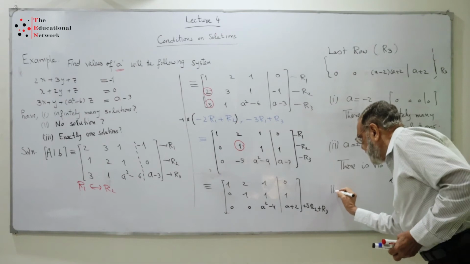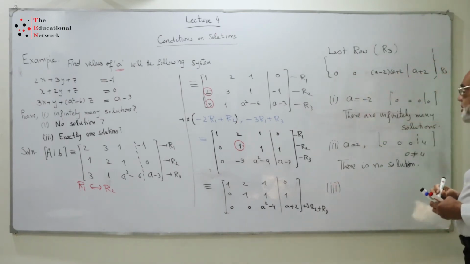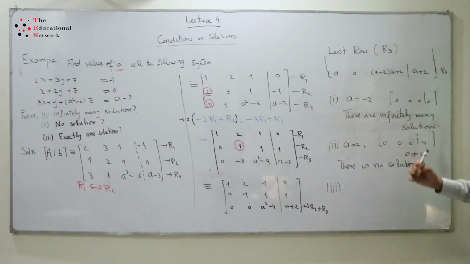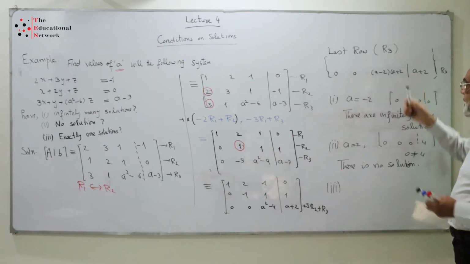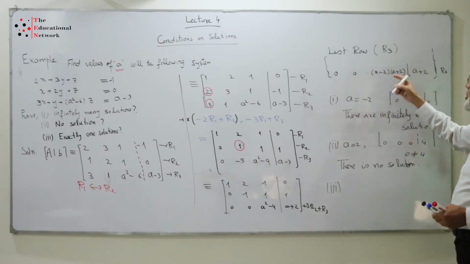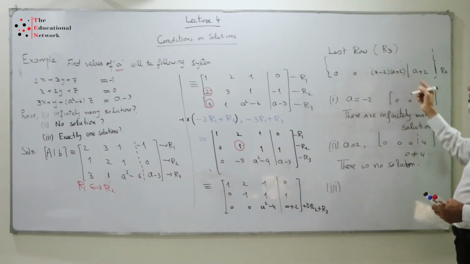Number 3, we want to see when it's having exactly one solution. So we're having only 2 possibilities. A can be 2 and A can be -2. When A is 2, we're having this is 0 and this is 4, no solution. A can be -2, this is 0, this is 0, many solutions.